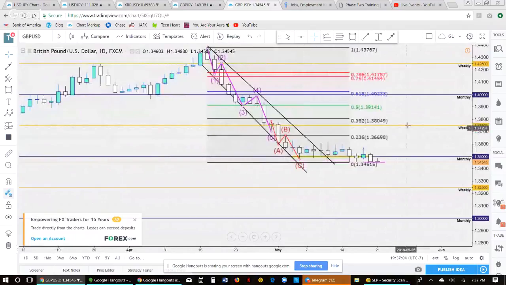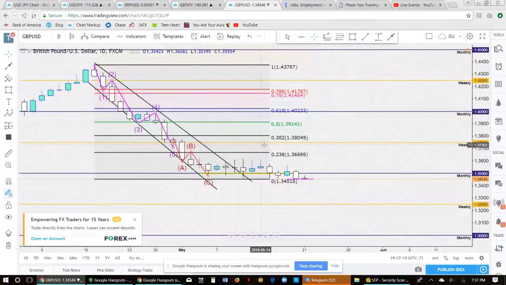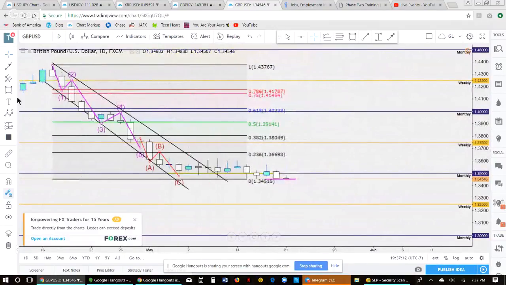So then going to the daily. Elliott wave. Right? Corrective wave. And ever since this little downward move happened, we haven't been able to break 1.36. So we can't break 1.34500 and we can't break 1.36.